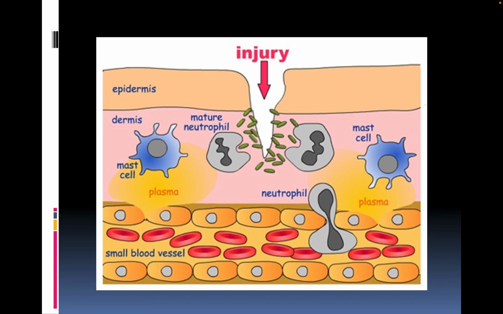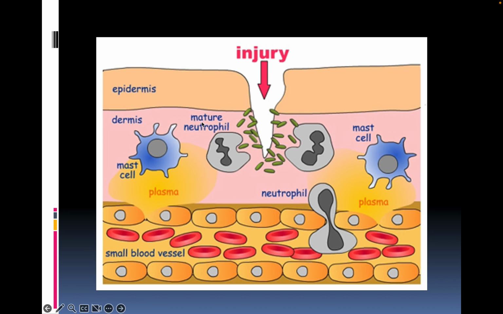This is just a picture showing all of the pieces at work here, so I'll just point some things out. So you've got a cut. These are bacteria or some sort of microorganism that maybe was on the surface of the skin, or was in maybe the nail that you stepped on that caused the injury. So what's going to happen is these mast cells here are the things that are going to release histamine.